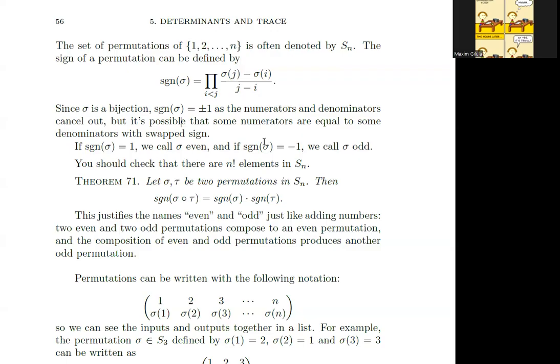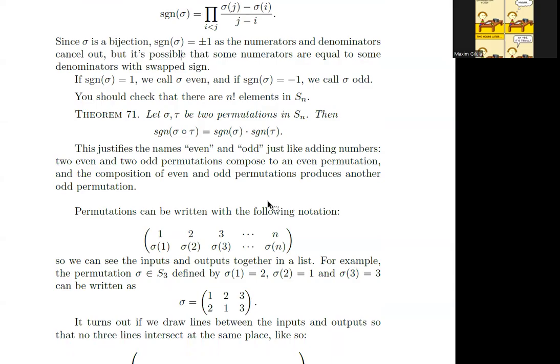And you should check that there's n factorial elements in Sn. So n factorial total permutations of n elements, just like shuffling a deck of cards. So there's 52 factorial possible ways to shuffle a deck of cards. If sigma and tau are two permutations, then the sign of the composition is the product of the signs, which is interesting too.